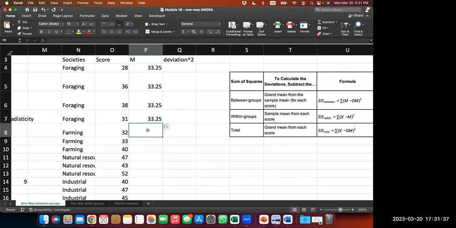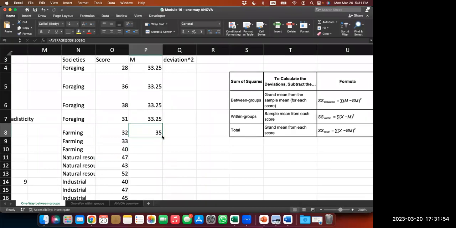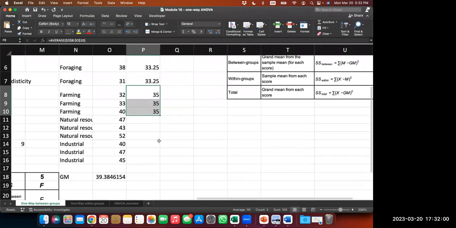You're doing now the same for farming. You basically do this for your 3 farming entries. Again, locking it in and propagating it all the way down.